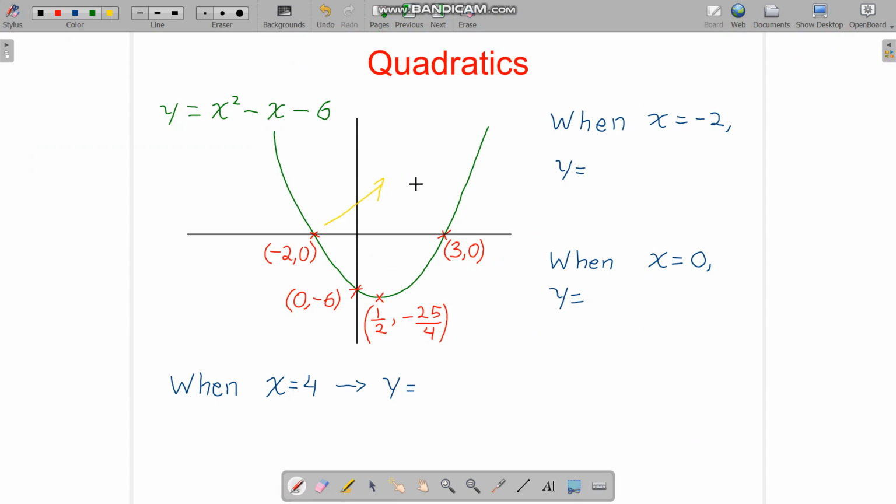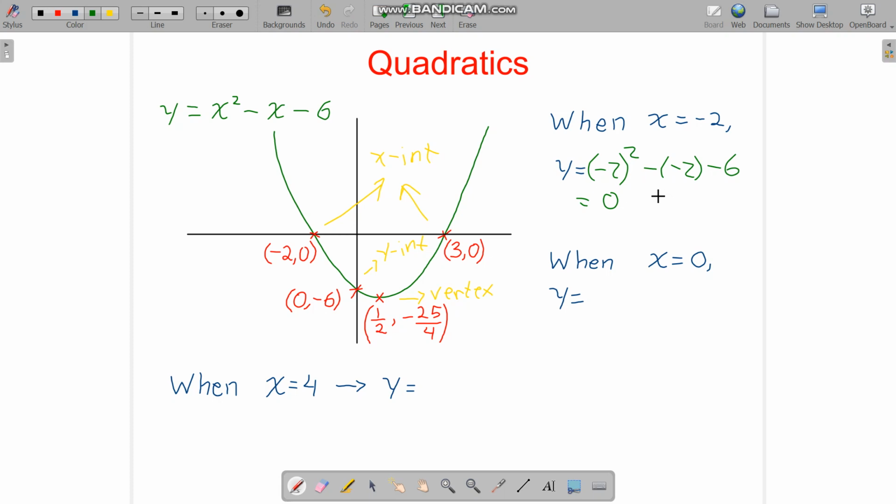We have the x-intercept, y-intercept, and the vertex. The concept of a function is that you can find the y value if you know the x value. So when x equals minus 2, y is minus 2 squared minus minus 2 minus 6. You just plug in minus 2 here and you get 0.